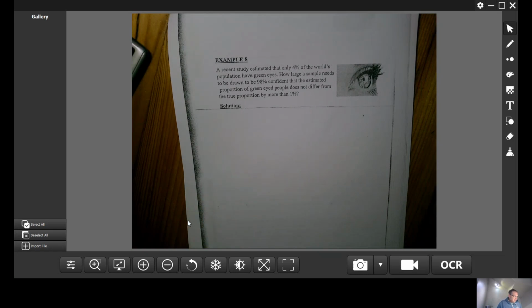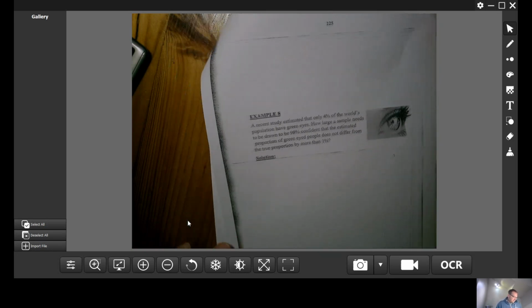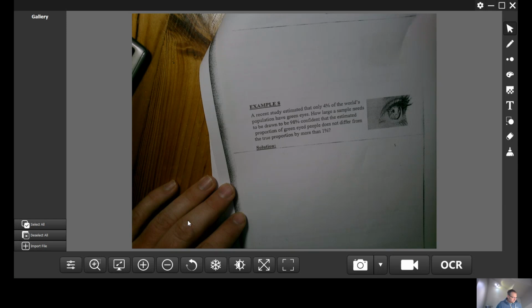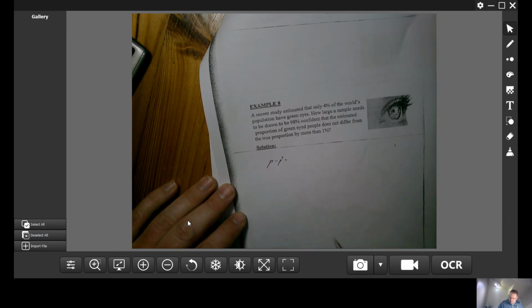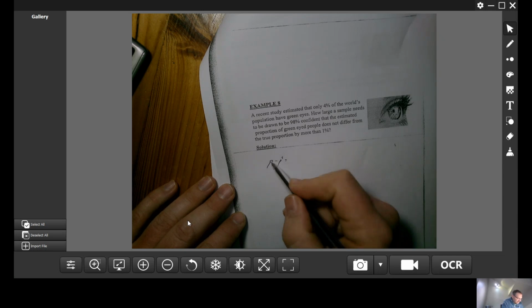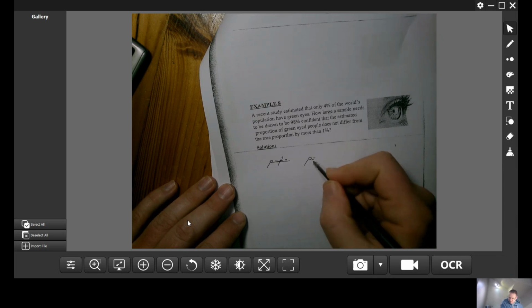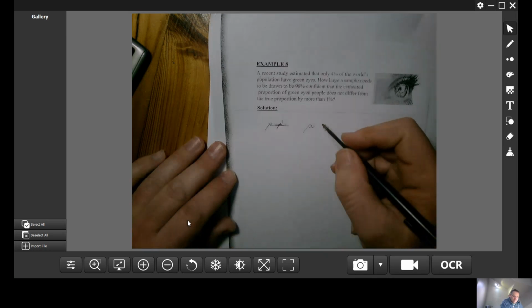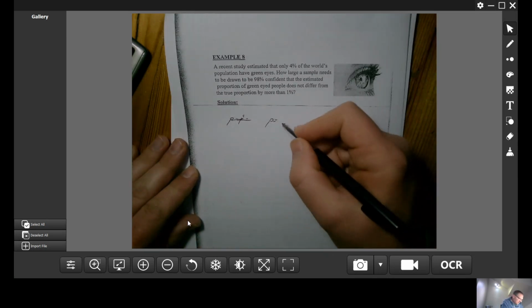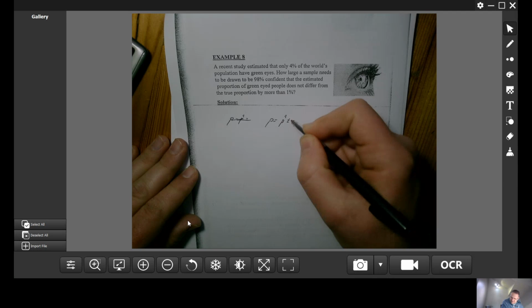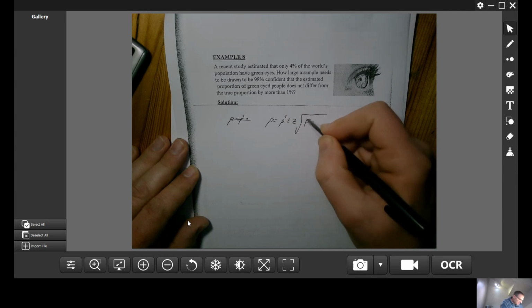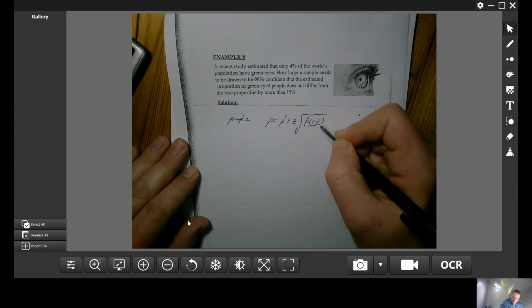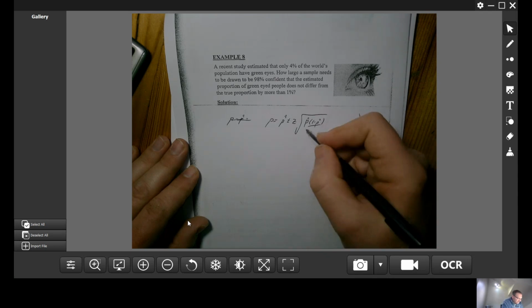Okay. So guys, if you remember, in this formula, p minus p hat is equal to, and let's give it in the format they give us, p is equal to p hat plus or minus Z times the square root of p hat 1 minus p hat over n.